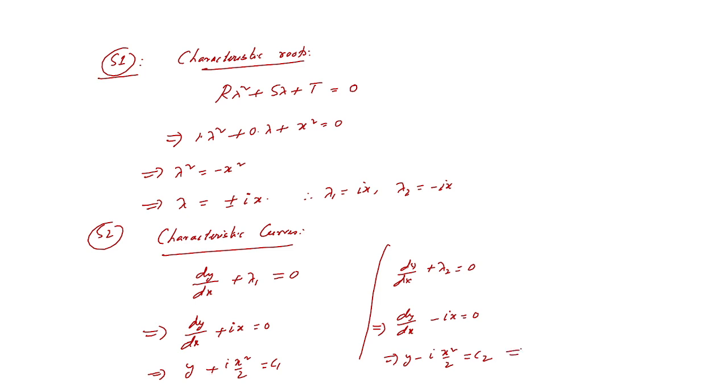And from that we can write x²/2 + iy = c2 and x²/2 - iy = c1.